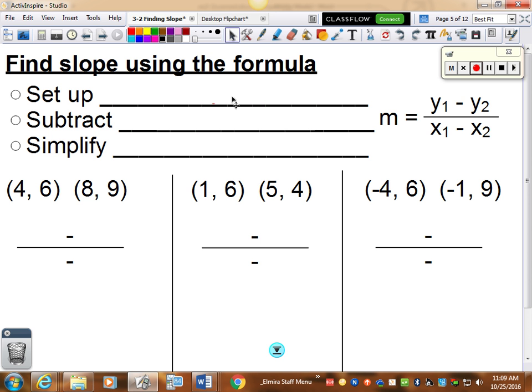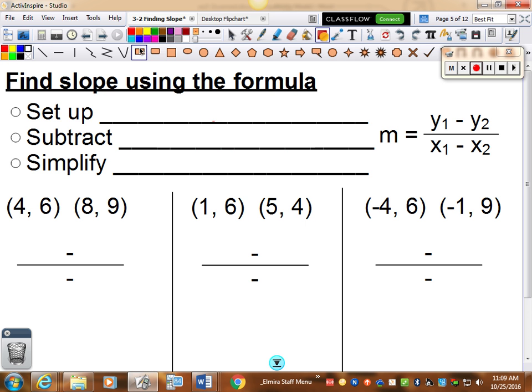Just like if you're making cookies and the recipe calls for flour, and you decide that you're just going to skip that, it's not going to come out right. Or if you try to stick the dough in the oven before putting it on the cookie sheets, yeah, you're going to have a hot mess in your oven, literally. Okay? So a formula for math is very specific, and the slope formula is over here in my notes.